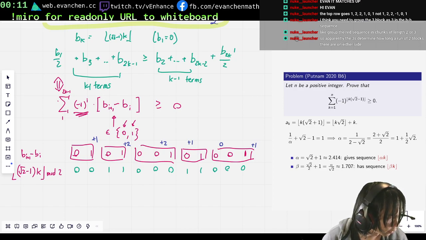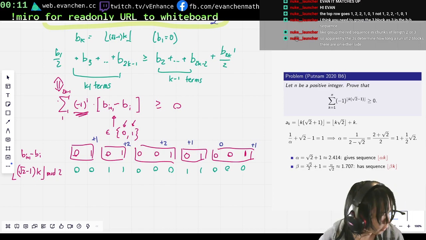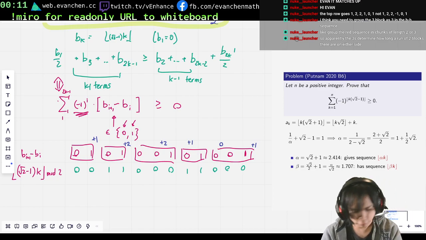Along a run of 2 blocks, apparently the 3's determine how long a run of 2 blocks there are on each side.